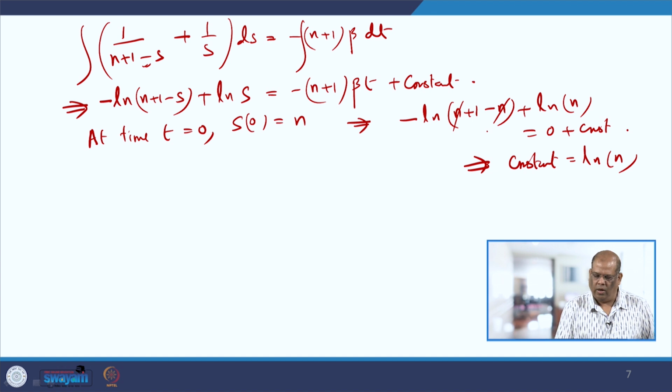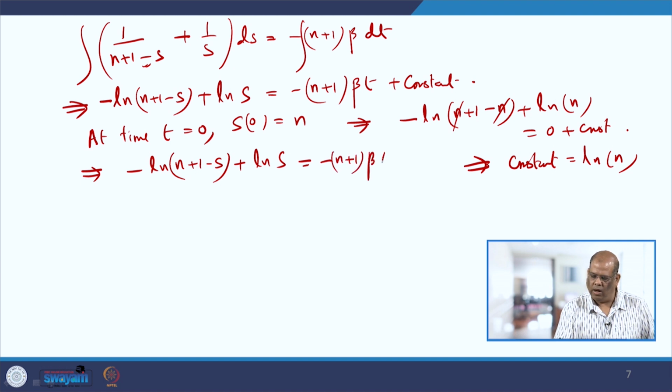Now, I substitute it here and I get minus ln(n plus 1 minus S) plus ln S equal to minus (n plus 1) into beta t plus ln n.